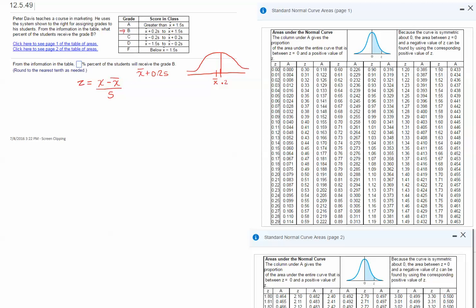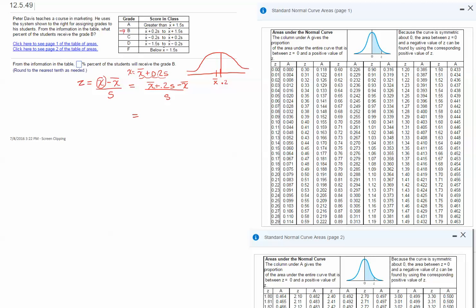If we substitute into this formula, x is actually this score here. So I'm going to substitute x with this expression, x bar plus 0.2s. And that gives me x bar plus 0.2s minus x bar, divided by s.